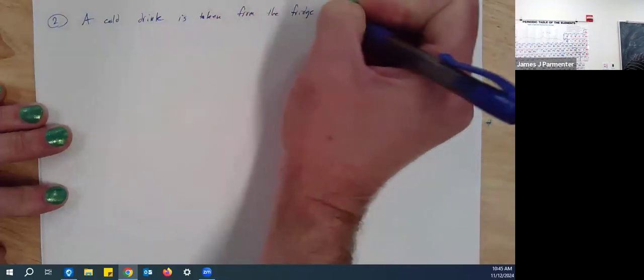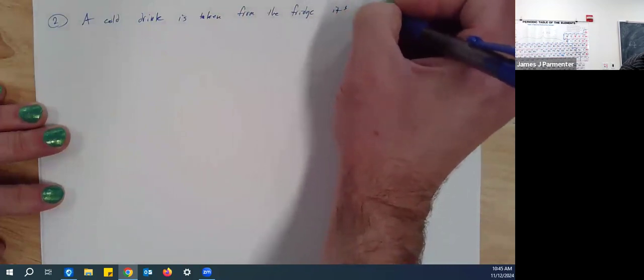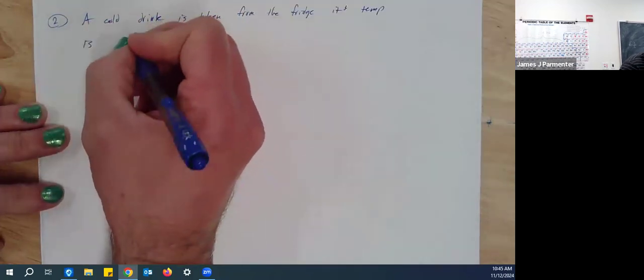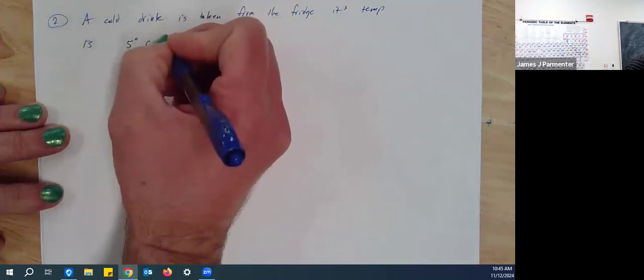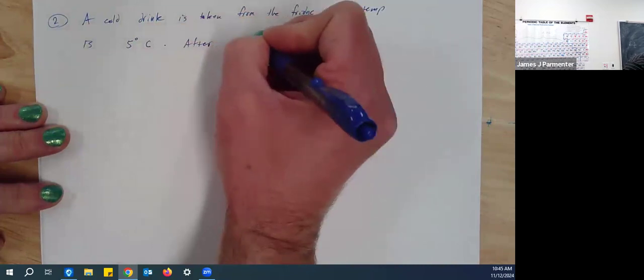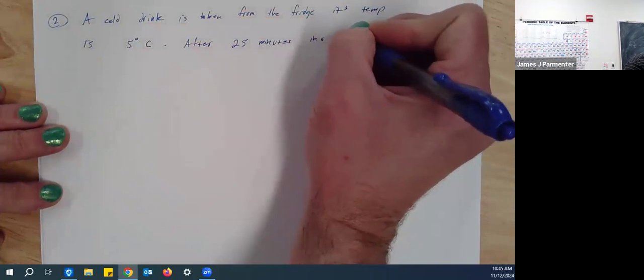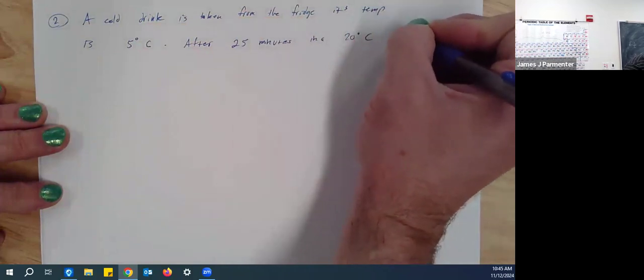And what do we have here? The temperature is 5 degrees Celsius after 25 minutes in a 20 degrees Celsius room.